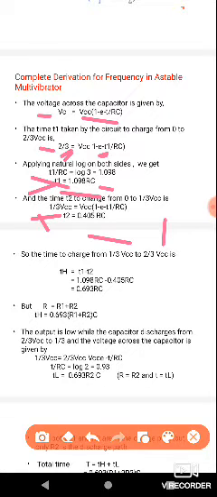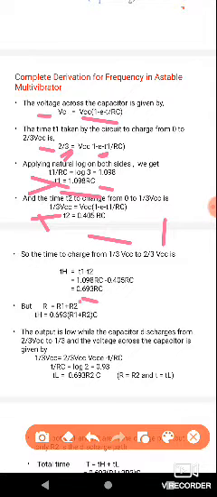Next, T is the total time period. The time changes from 1 by 3 Vcc to 2 by 3 Vcc, so the total time period is T1 minus T2.